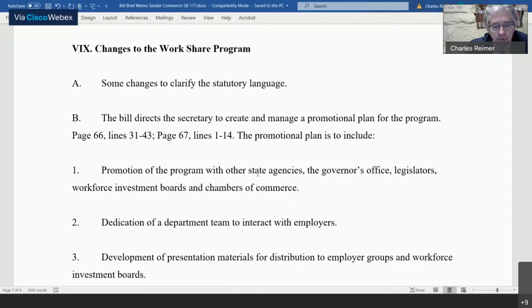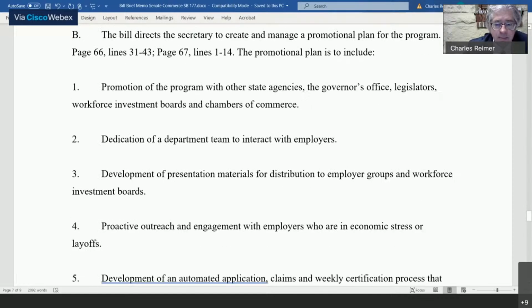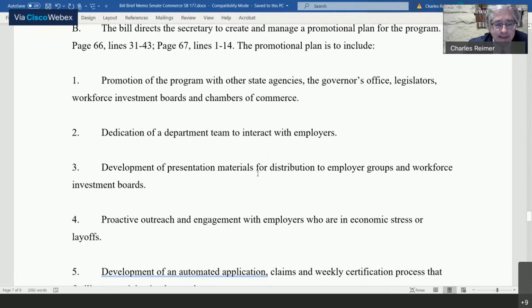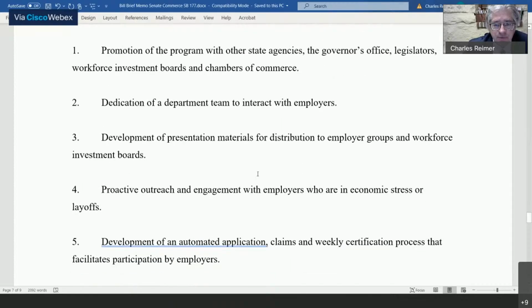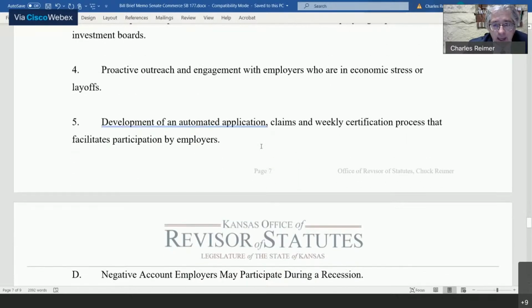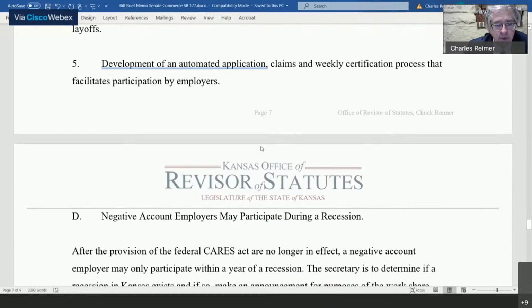And that is to include the promotion of the program with other state agencies, dedication of a department team for that program, development of presentation materials for distribution to employer groups and workforce investment boards, proactive outreach, engagement with employers who are an economic stressor or layoffs, development of an automated application, claims, and weekly certification process that facilitates participation by employers. Again, an attempt to make the interaction with the department seamless and user-friendly and encourage participation in that program.